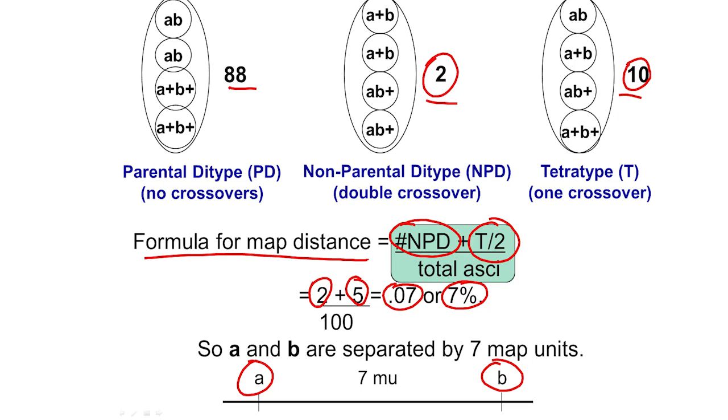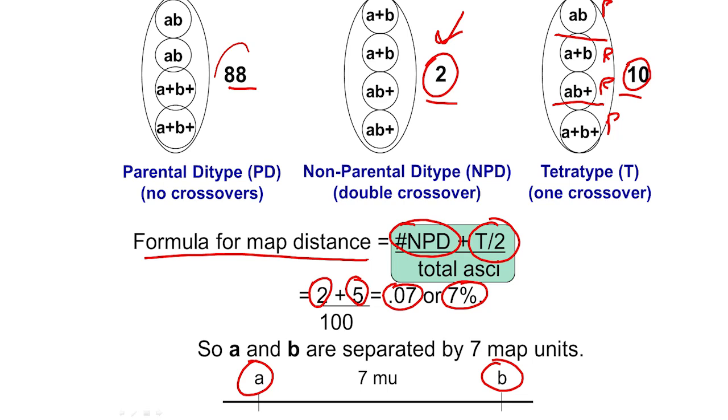So why does this work? It works because we're counting all the NPDs because they represent all recombinant spores. We're counting the tetratypes but dividing by 2 because only 2 of the spores there are recombinant. The other 2 are parental. So what we're really interested in is the number of recombinant spores. Even though we want to make an easier way to do it, we have to divide by 2 to get that.